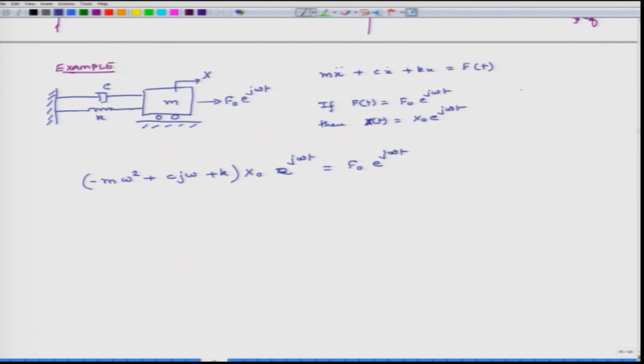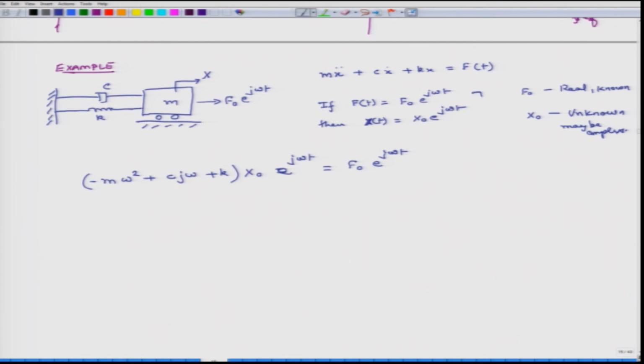Here F naught is real and known, because I am applying a known force which is vibrating, and I want to figure out the value of x naught. So, x naught is unknown and may be complex.